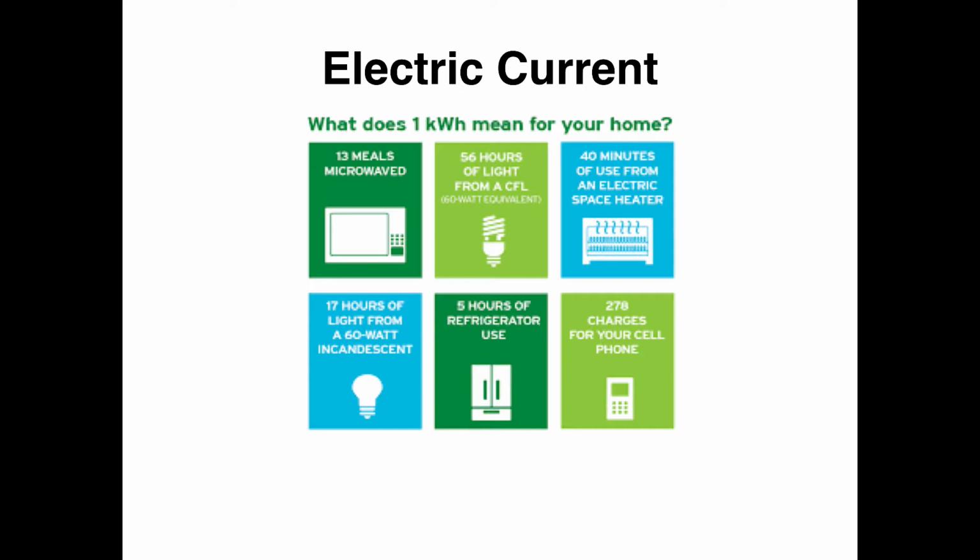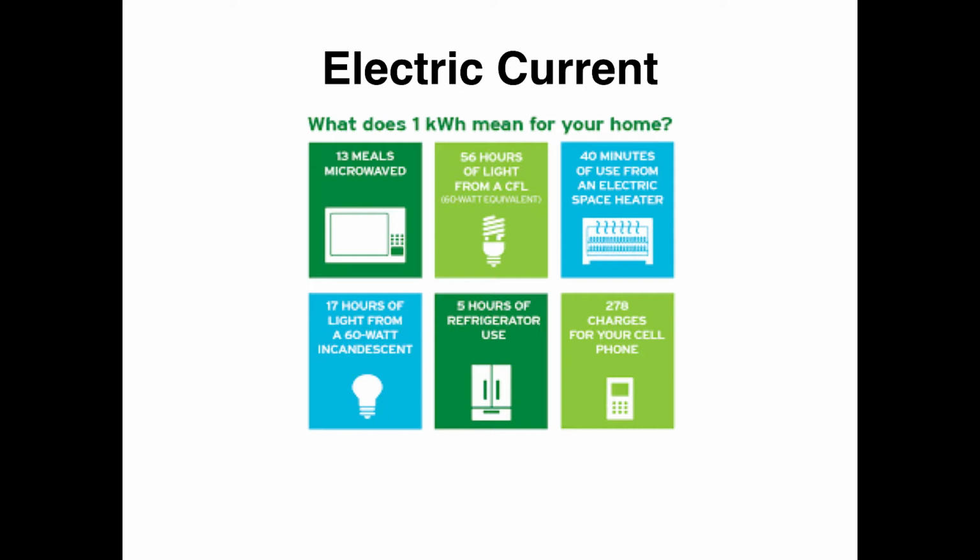Now, your home, when you're billed for your electricity, you're billed in terms of kilowatt hours. Now, a kilowatt is just 1,000 watts. But what does this idea of hours being added to that mean? Well, just to look at, a single kilowatt hour could microwave 13 meals. It could power a CFL light for 56 hours.